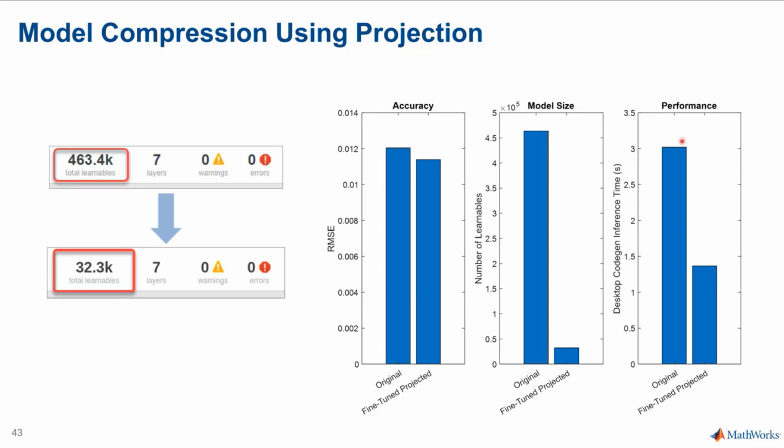That also means that running the model is much faster. The inference time was half of the fine-tuned model. So this compression step might be something that you can do if you feel like, oh, my model is too big, but I'm really happy with the accuracy.